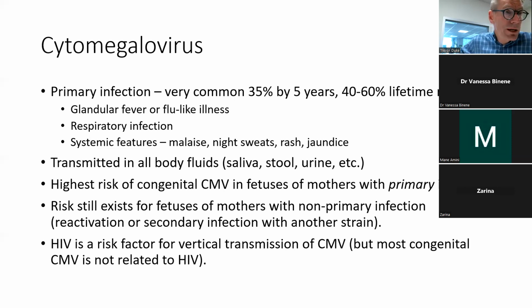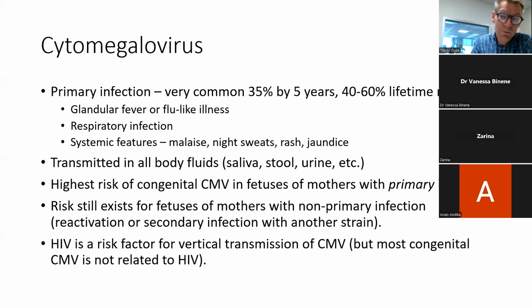But still, some mothers who've had CMV when they were children or adolescents can transmit it, and that's especially if they get infected with a different strain, because then they don't have as much immunity to that strain, and therefore they're more likely to transmit the infection to their baby.